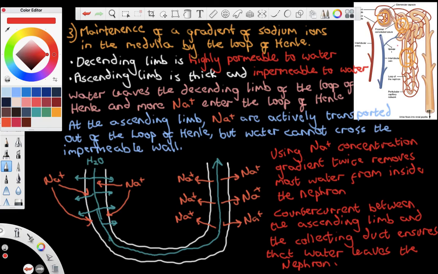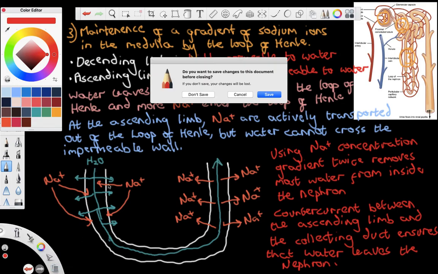So as the glomerular filtrate moves down the descending limb, water is moved out of the loop of Henle, while sodium ions are moved into it. At the ascending limb, water can no longer leave, but sodium ions can. So whatever little water's left is stuck inside the ascending limb of the loop of Henle. But the sodium ions are removed, so this becomes a dilute solution at that point.